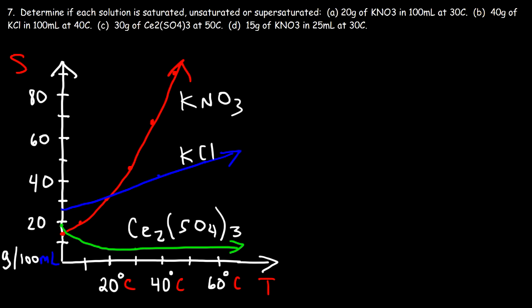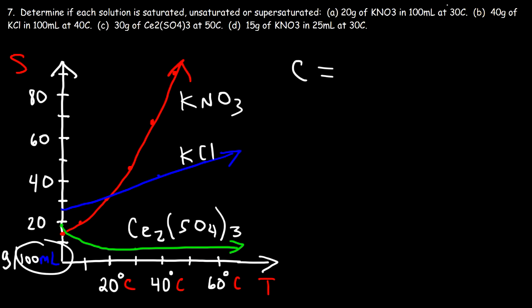So in part A, we already have 20 grams of potassium nitrate dissolved in 100 milliliters of water at 30 degrees Celsius. So this solution that we already have, is it saturated, unsaturated, or supersaturated? So let's compare concentration and solubility. The concentration of this solution is 20 grams per 100 milliliters.